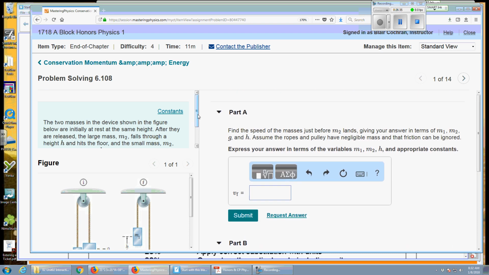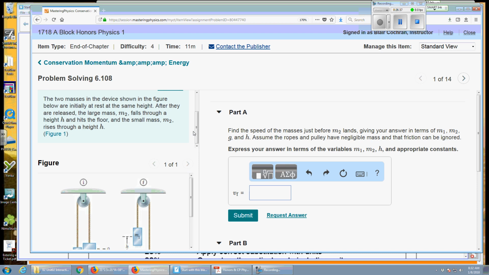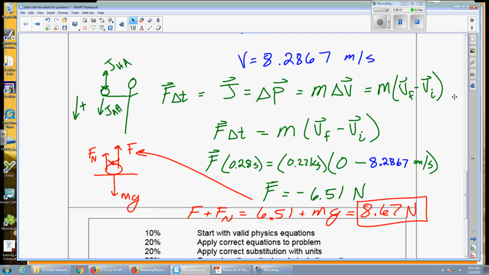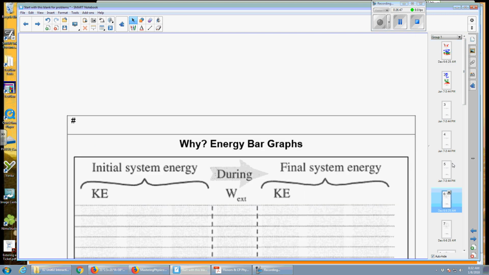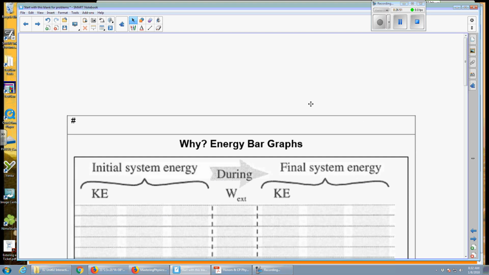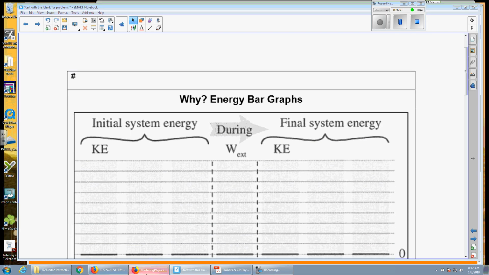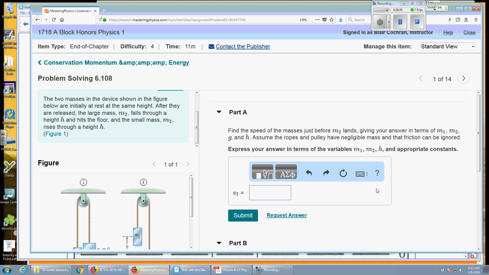But honor students aren't interested in just grades. Alright, so this one I believe is also an energy bar graph one, if I remember correctly.